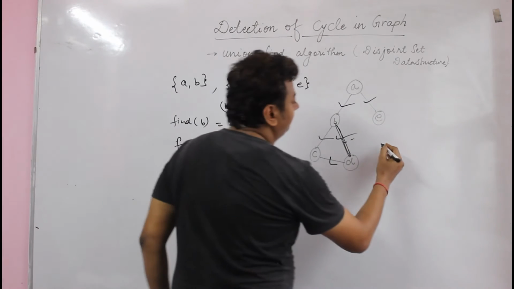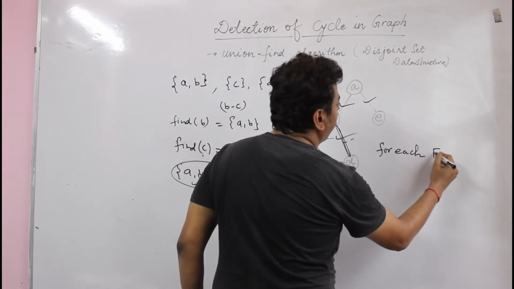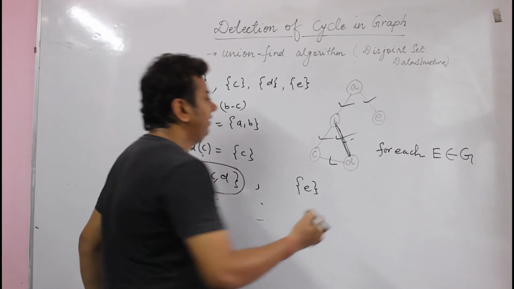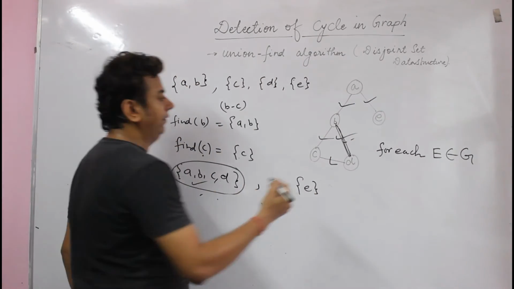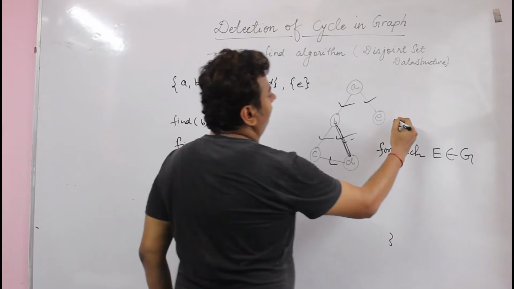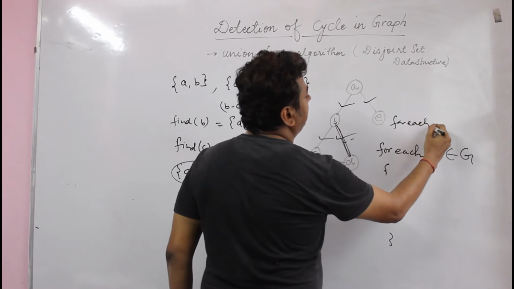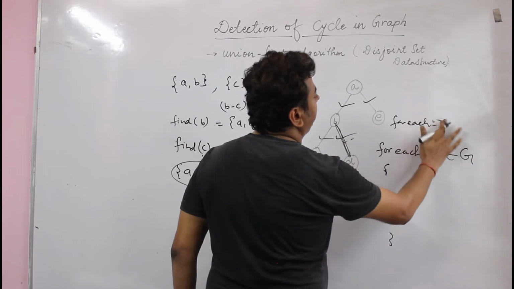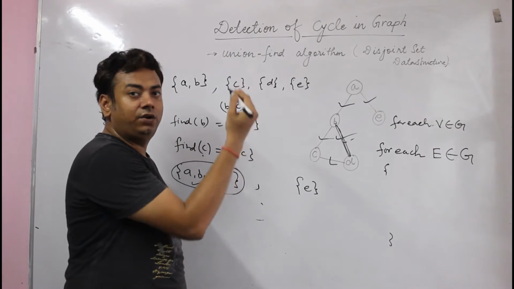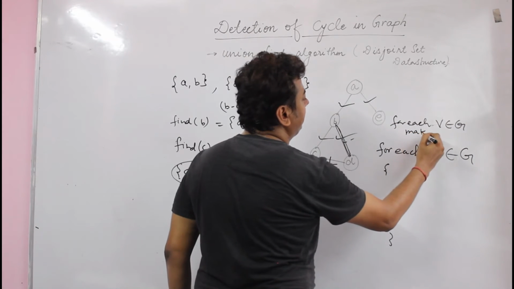So what will be the algorithm for this? First, we make a set of each node. For each node V that belongs to graph G, we make set.